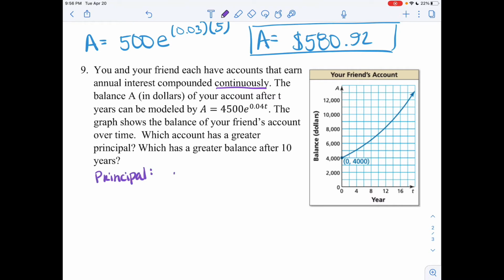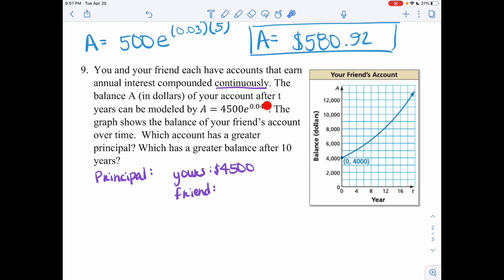And so let's identify yours and your friend's. So remember that our principal value, our P, is the number in front of E right here. So that's $4,500. And that occurs at a value of T equals 0.